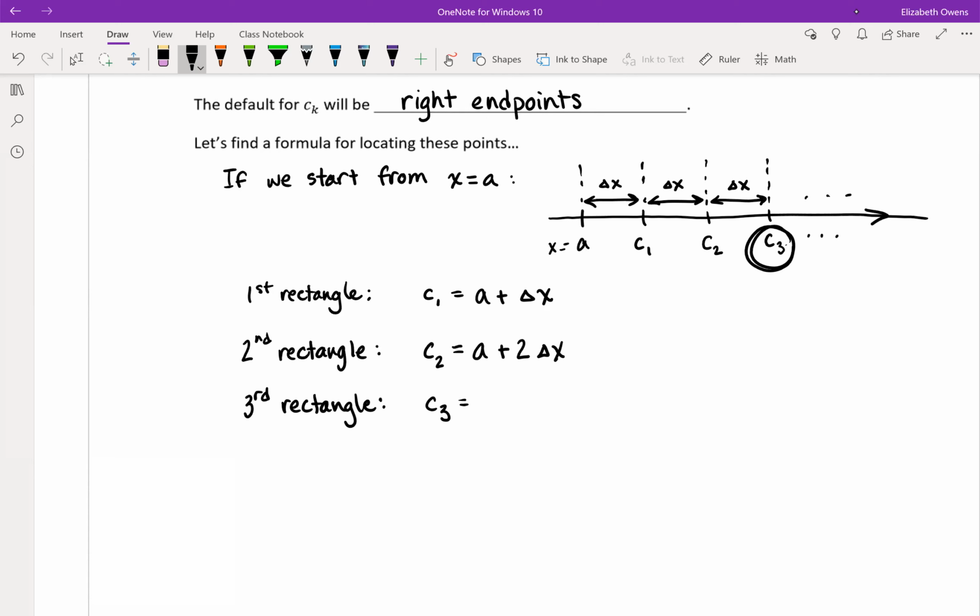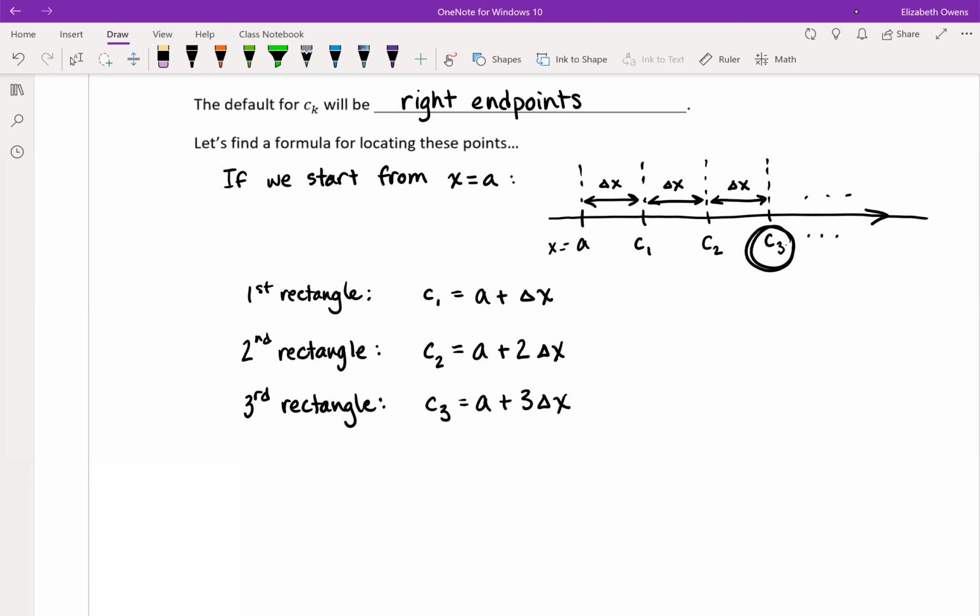See if you can get it. Okay, and now you can double check. If you're starting from x equals a, like we have been, to get to C3, you need to move over delta x units, and another delta x units, and another, and that'll bring you right here to C3. So that would be a plus 3 delta x.